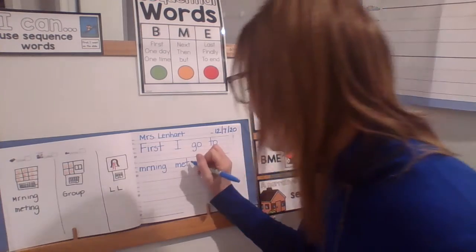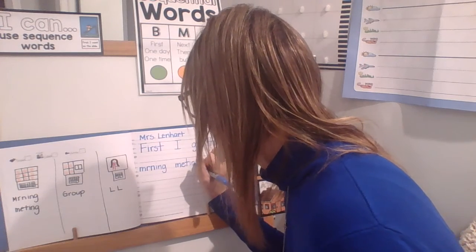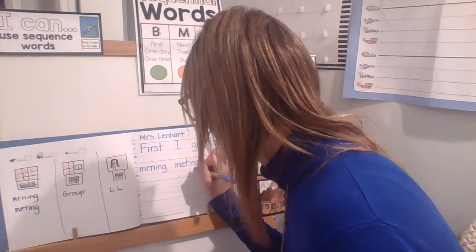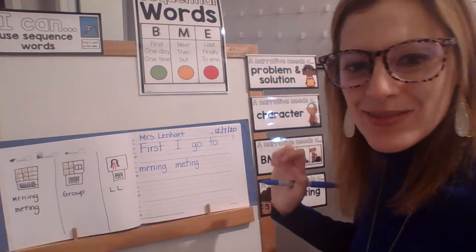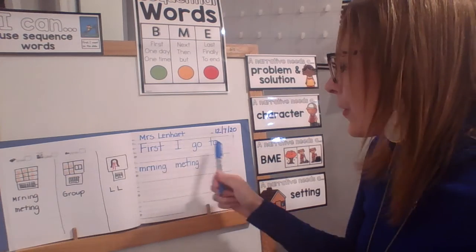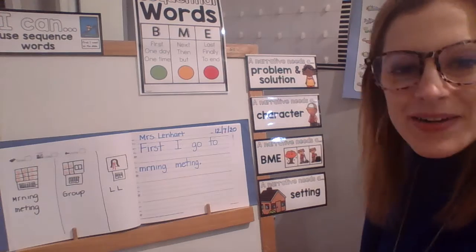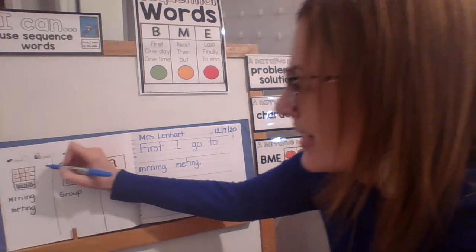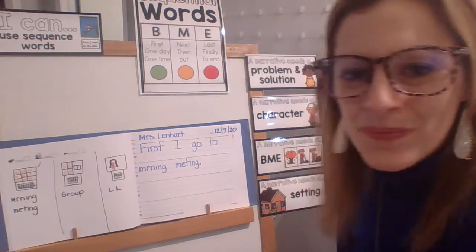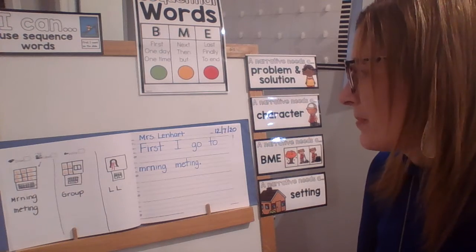Good. I-N-G. We call that the king of ing. Some of us have learned that. Some of us have not. First, I go to morning meeting. We're all done. We're going to put a period there. And then we can kind of come over here and do check. Okay. First, I go to morning meeting.